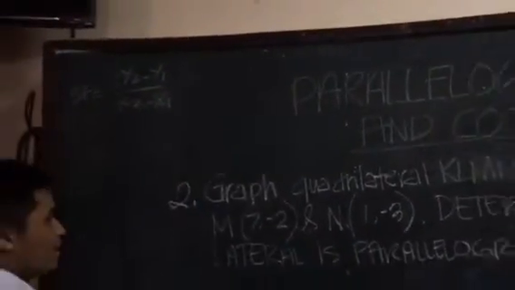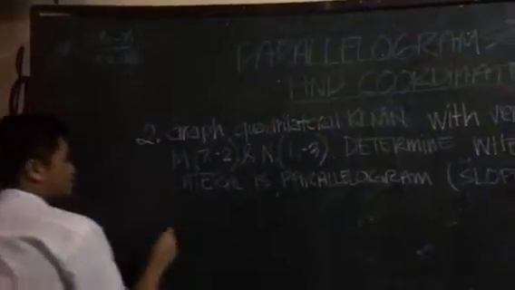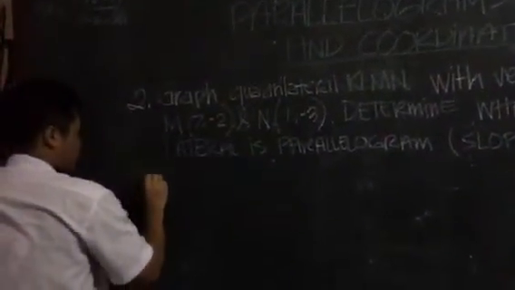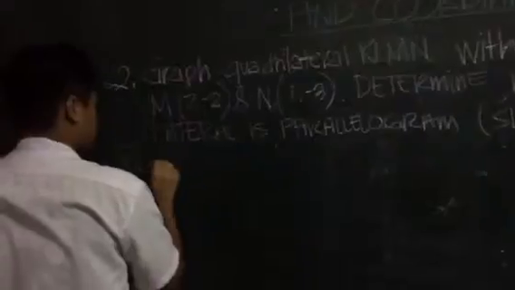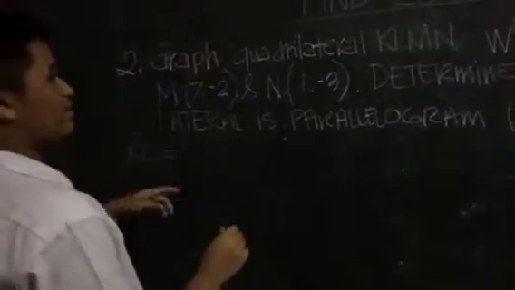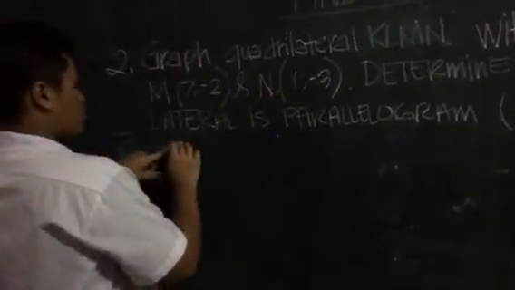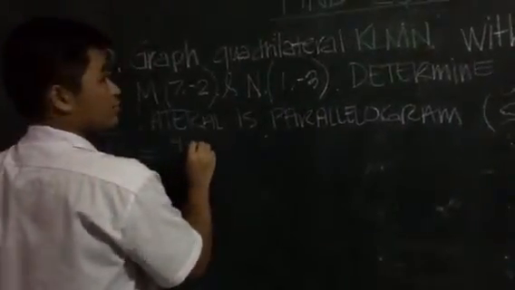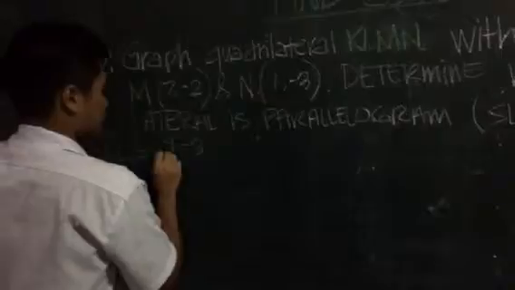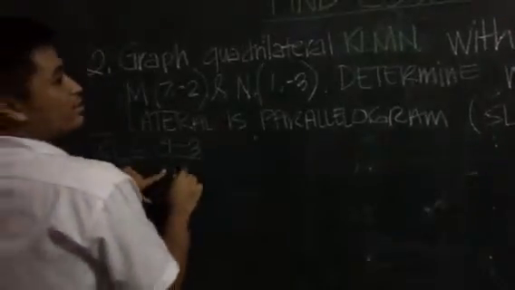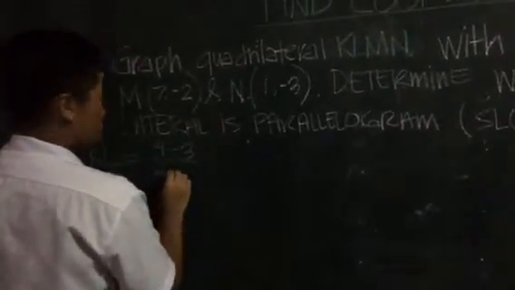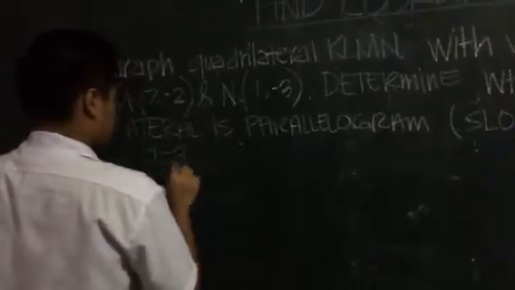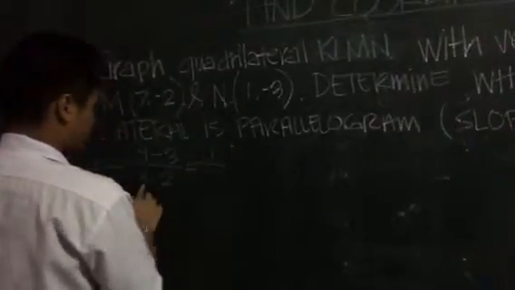First, let us find the slope of KL. The slope of KL is 4 minus 3 over 8 minus 2. 4 minus 3 is 1, and 8 minus 2 is 6.